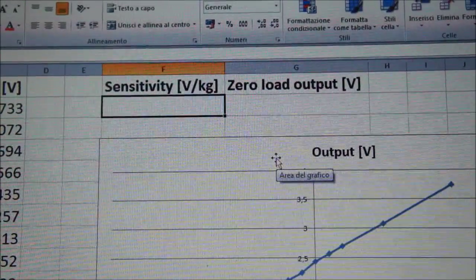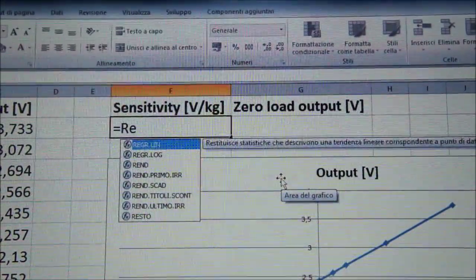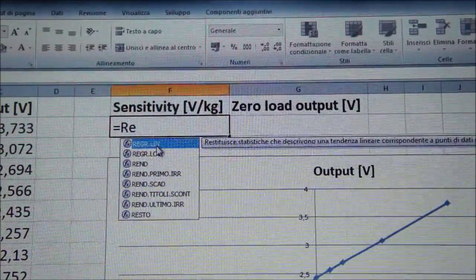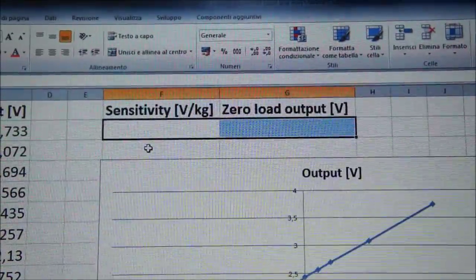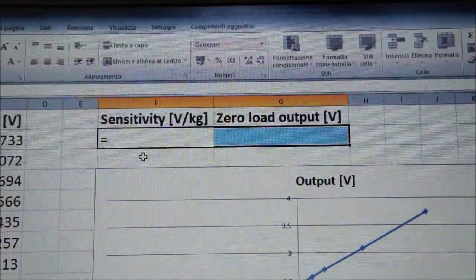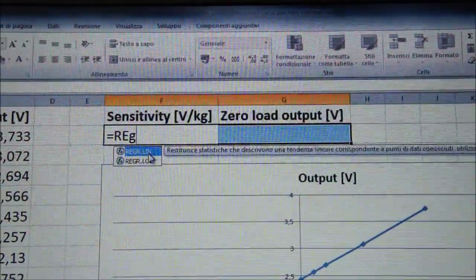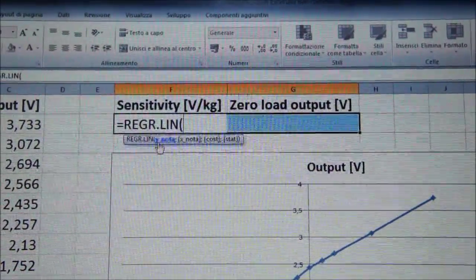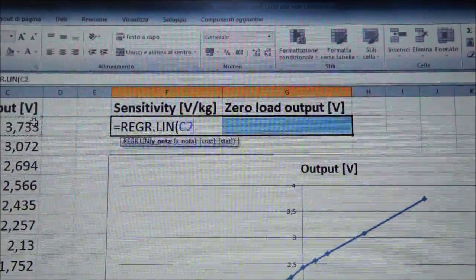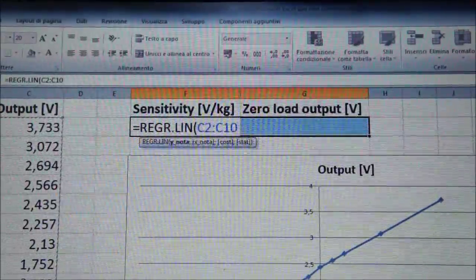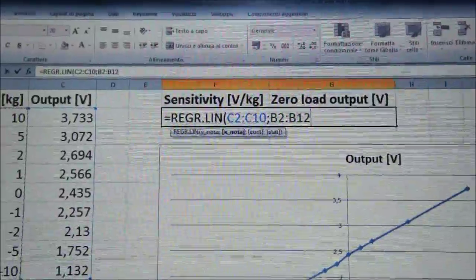Now that we have all the parameters, we can use the built-in function of Excel, which is called linear regression. First you have to pick two nearby cells, otherwise the function won't work. It's called reg line in Italian; I don't know how it is in English. First we select the output, then we select the input.